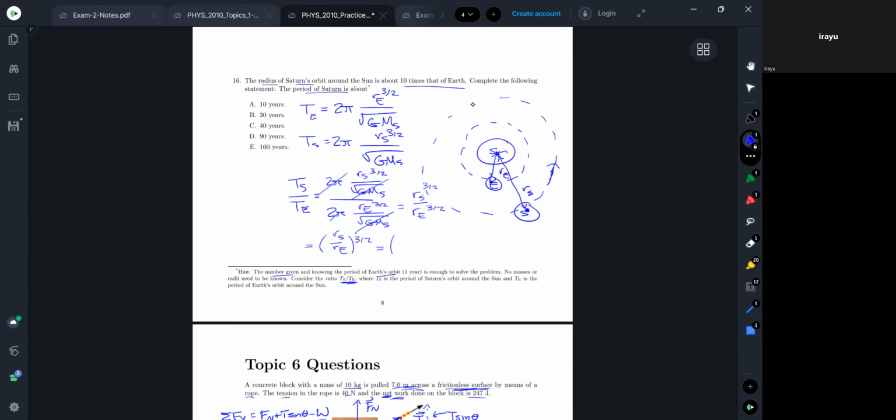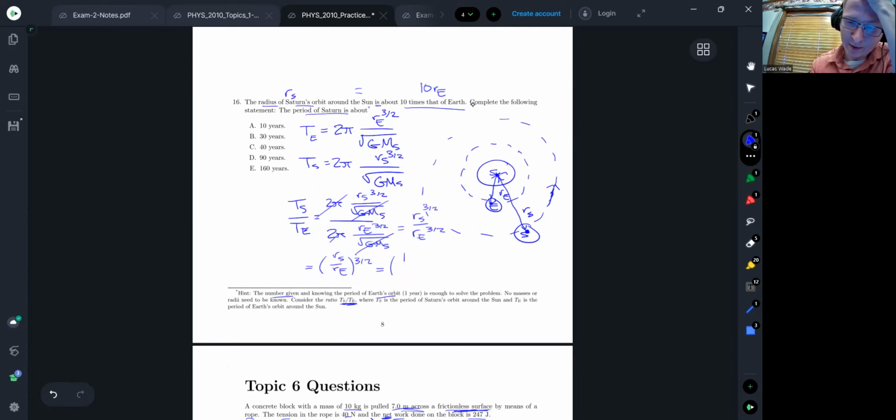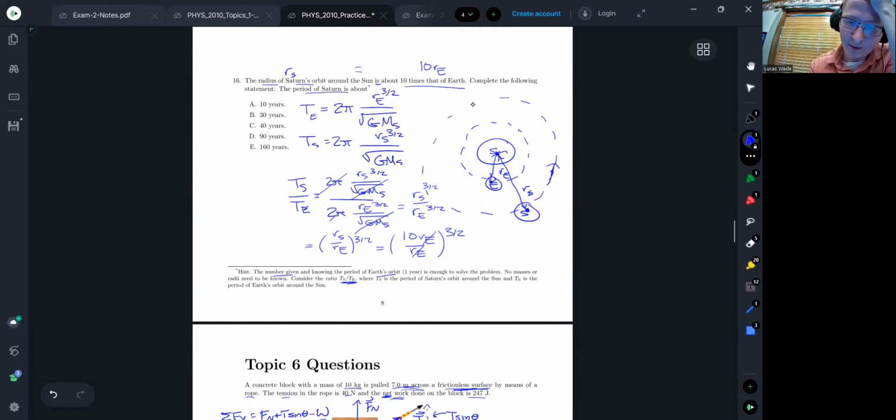Oh, yep, that's the correct thing, right? The radius of Saturn's orbit is about 10 times the radius of Earth's orbit. RS is 10 times RE. So if we put that in, RE also cancels. Okay, so we're left with just 10 to the 3 halves power is the ratio of TS over TE.